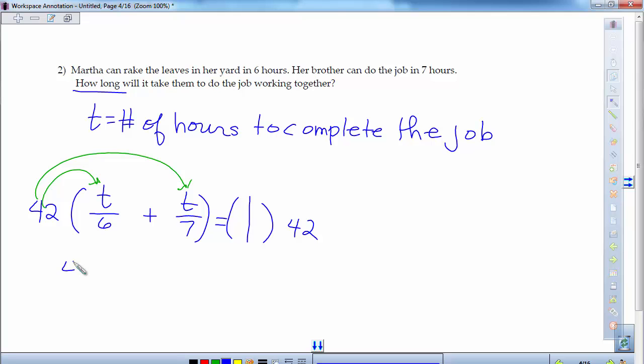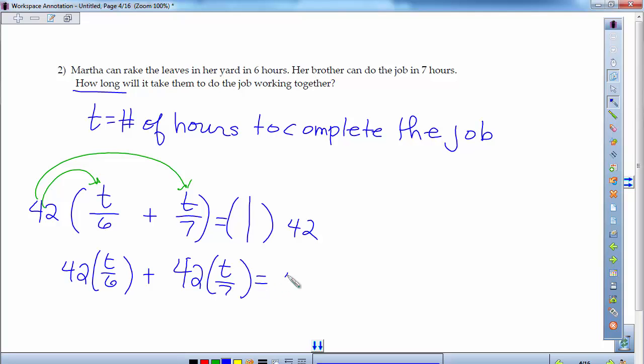So we get 42 times t over 6 plus 42 times t over 7, and it's going to be equal to 42.